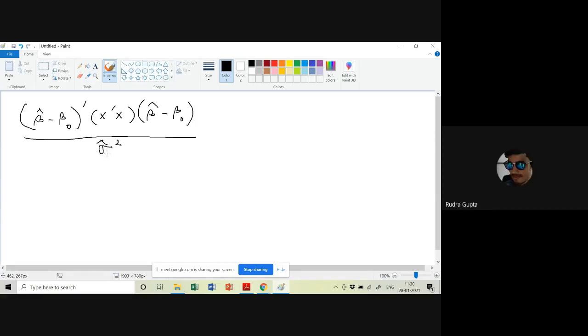Yes, ma'am. Can I calculate using the formula with 1, 1 and -2 and the x prime x inverse? So here what I did, I am considering beta hat square x prime x in the numerator. Ma'am, we will have a k-1 element in the denominator, isn't it?